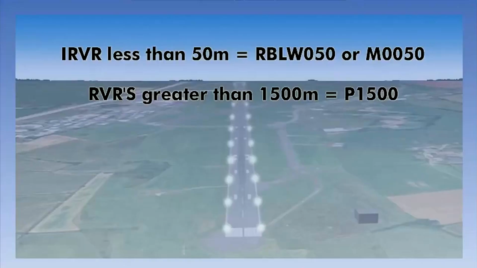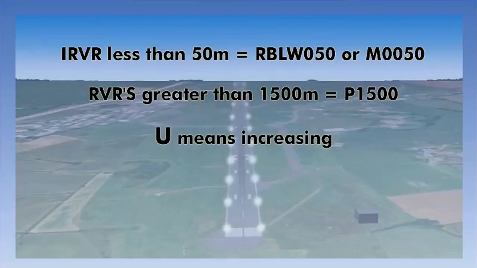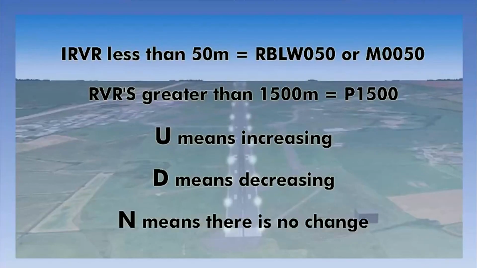There may be a 10-minute trend reported. U means the visibility has increased over the last 10 minutes. D means it has decreased, and the letter N is used if there is no change. The letter B should be included if there are great variations in the measured visibility.